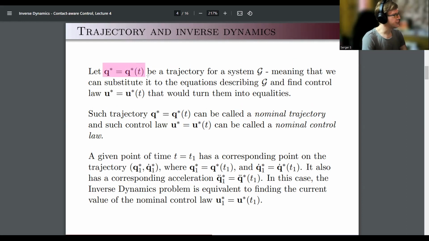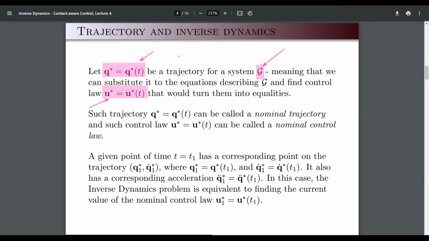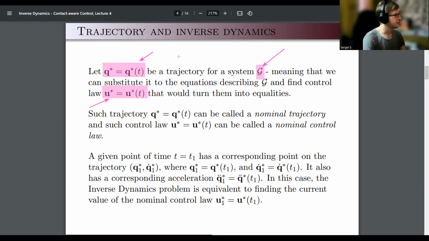So let Q star be a trajectory of the system G. What it means is that we could substitute this time function as Q into the system G, into its dynamical equation, differential equations, and we could find such a control law, U star, that the system differential equations will become equalities if we substitute Q. So Q star is a solution to the system, but this statement is qualified with the fact that, of course, the system also has input.